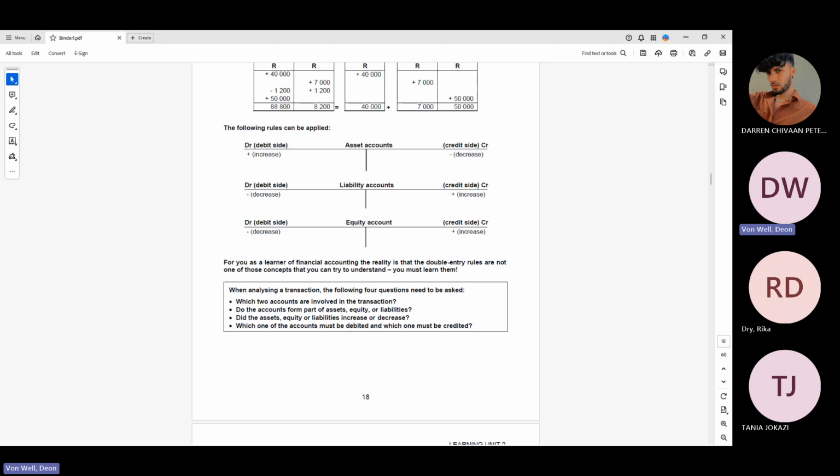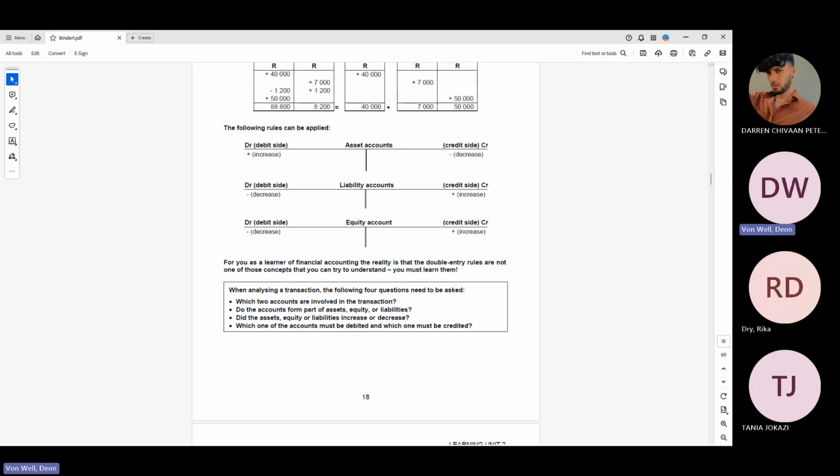I mean, if I borrowed 100,000 and I paid back 20,000, my balance must come down to 80,000. Now my balance is sitting on the credit side at 100,000. So I must have a debit entry of 20,000 on the debit side so that it can decrease.